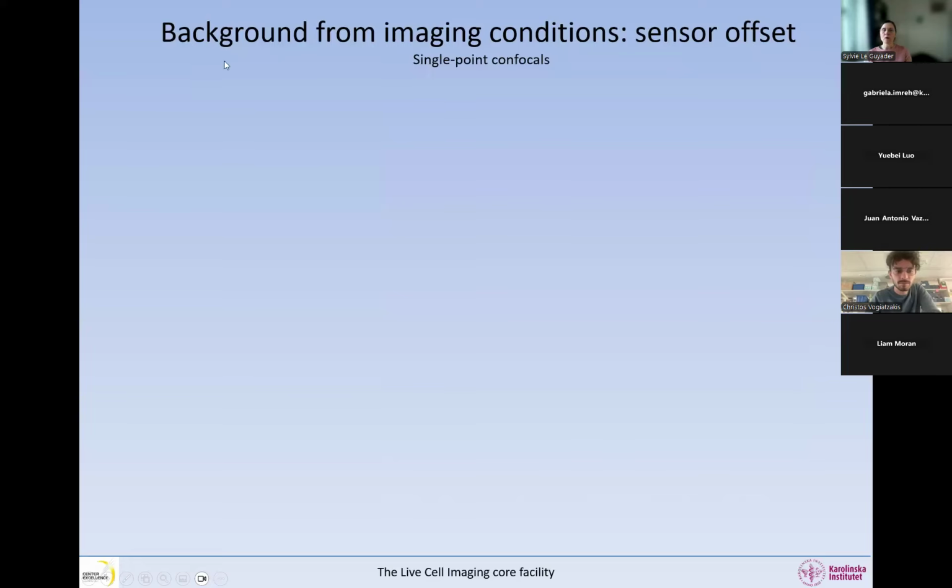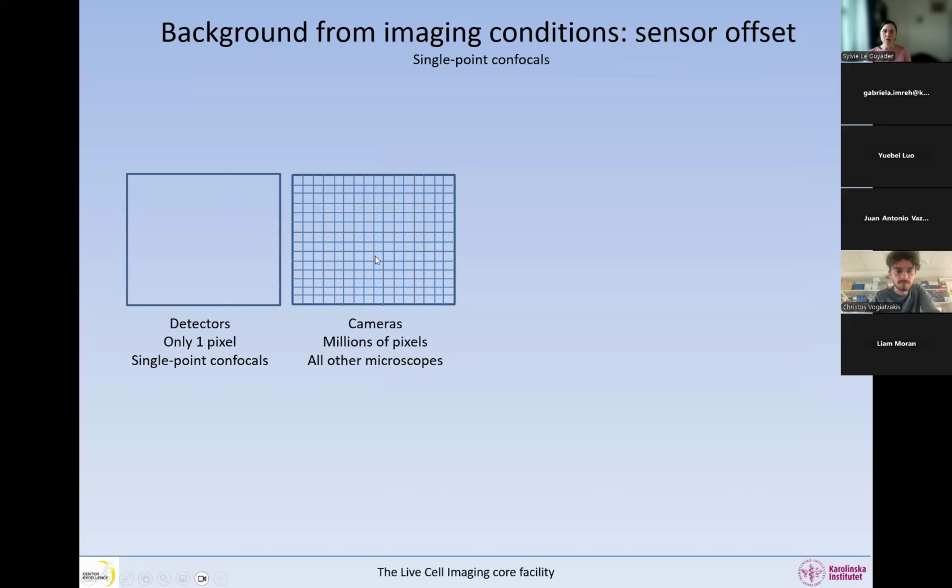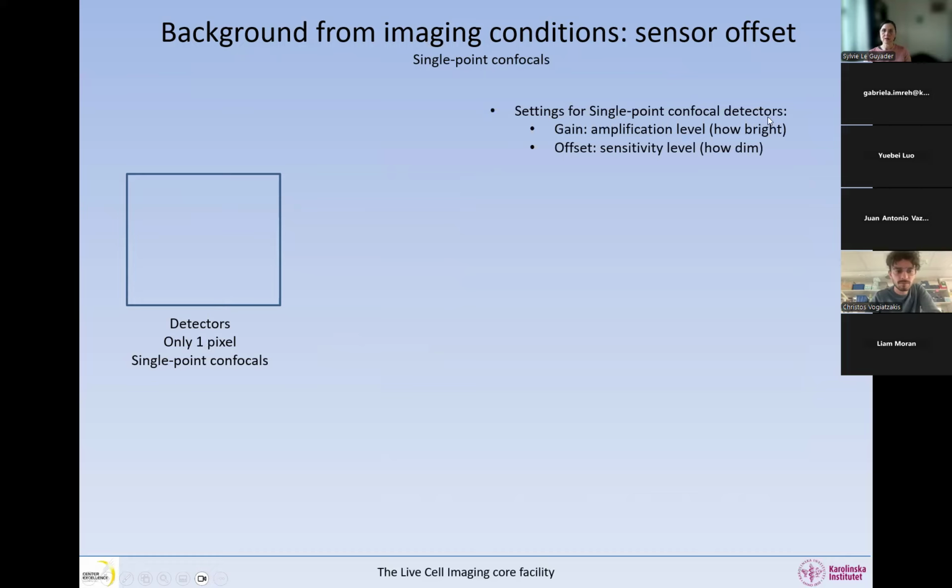Another type of background that comes from the imaging conditions is the sensor offset. This is now on the point scanning confocal. I remind you that in camera-based systems we have millions of pixels, and in detectors on point scanning confocals we have only one pixel. So this is what we are talking about now, the point scanning confocal detectors.